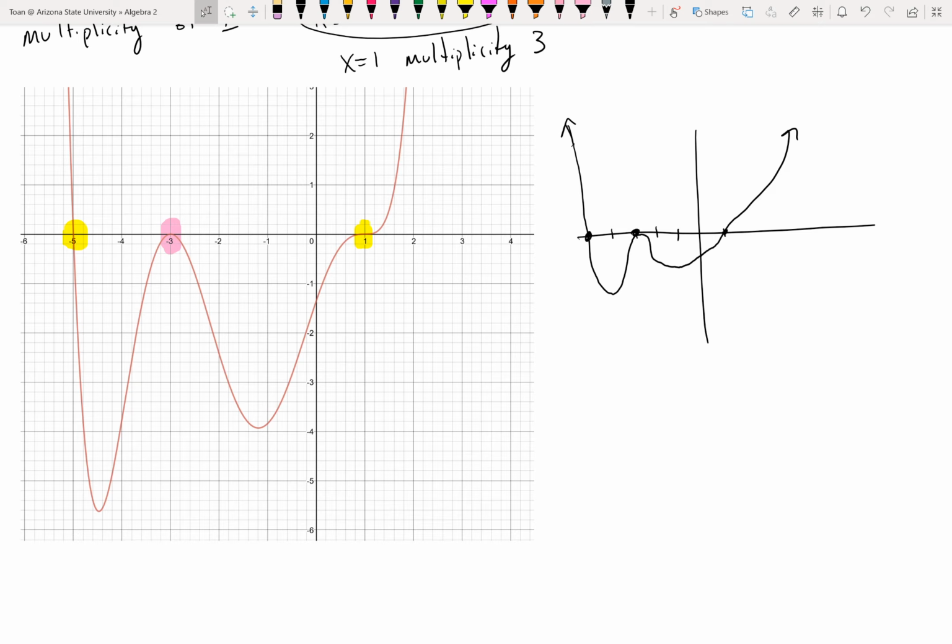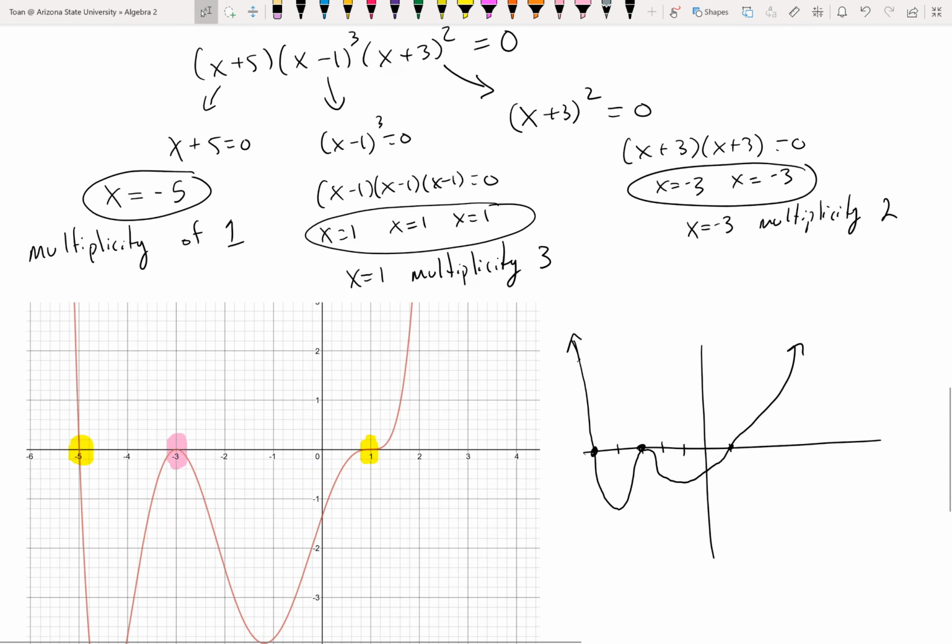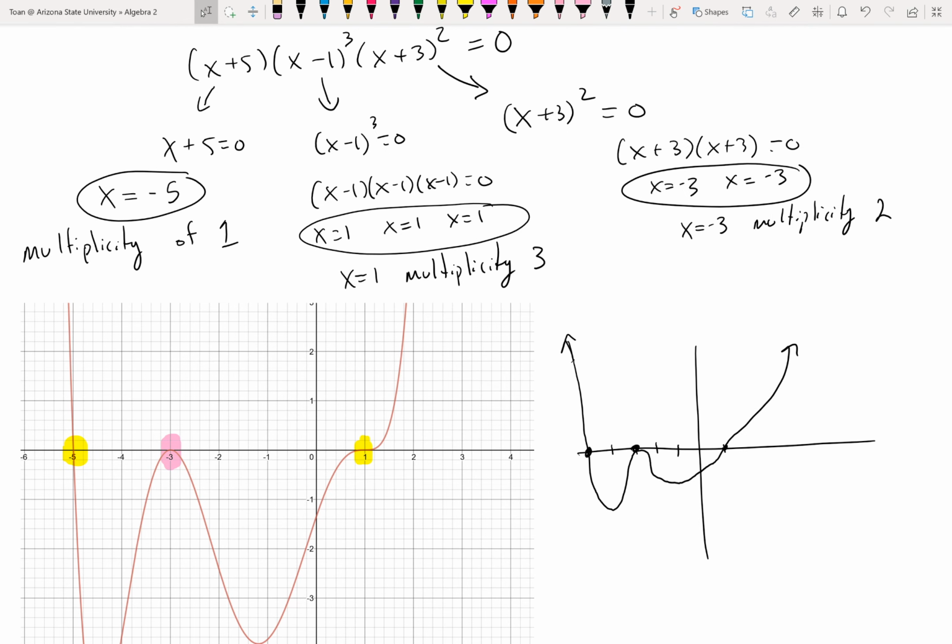What determines whether an x-intercept cuts through or bounces off is this idea of multiplicity. Notice it cuts through the graph at x equals -5 and x equals 1. Notice it bounces off at the x-intercept of -3.